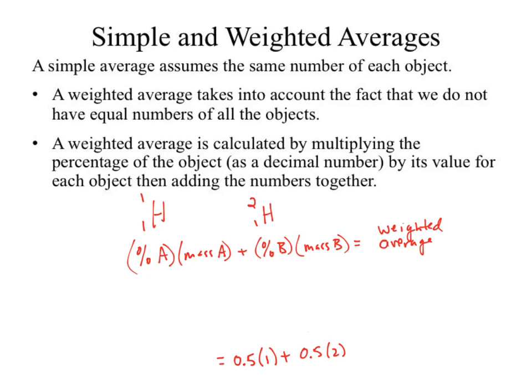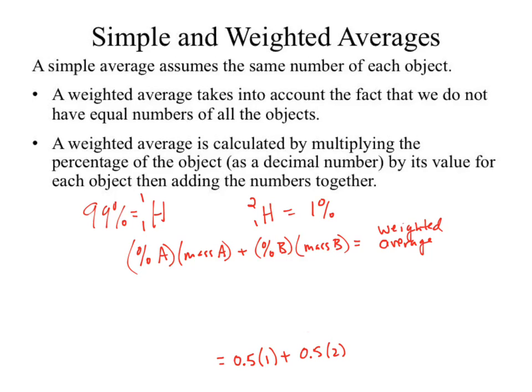Okay, what does this mean? Well, it turns out that hydrogen is not 50% of each. It's more like 99% of the protium and 1% of the deuterium.